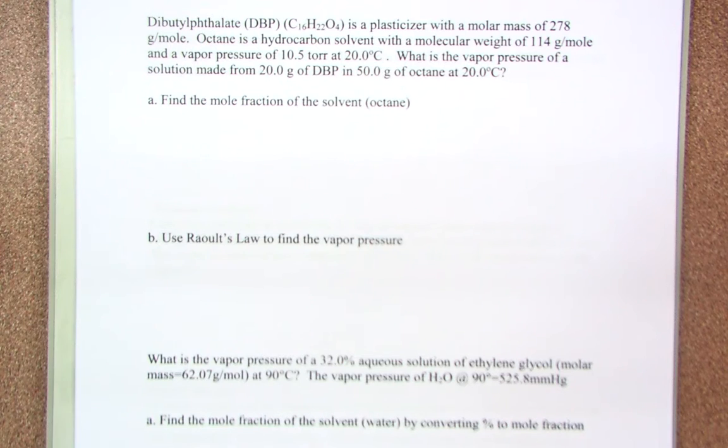Another key is if it says octane has a pressure of this, you know that if it has a vapor pressure, it's the solvent. So things with vapor pressure are solvent. Things without the vapor pressure are the non-volatile solute, even if you don't recognize the name. So don't get all freaked by that.